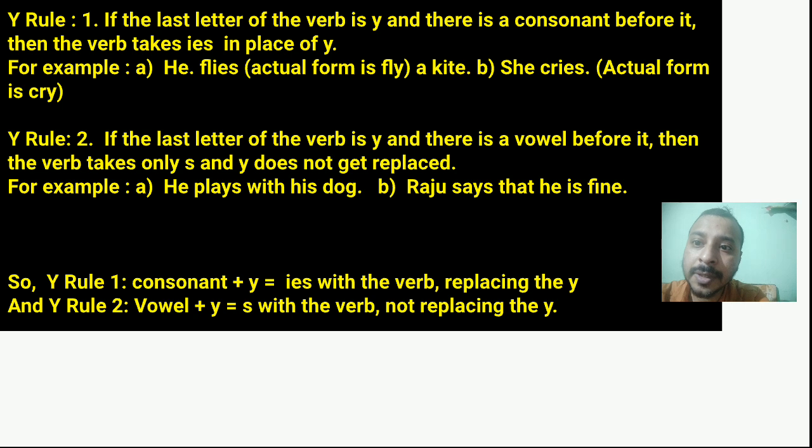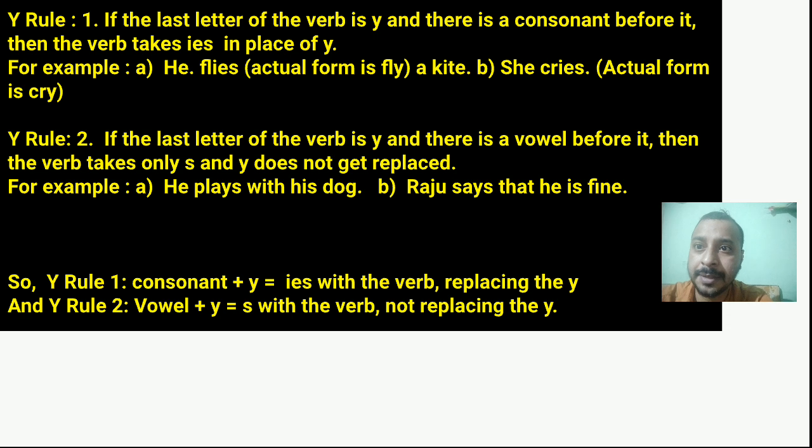If consonant plus Y, then IES replaces the Y, and if vowel plus Y, then only S is added to the verb, not replacing the Y. But in both cases, remember that Y must be the last letter of the verb, the verb must be in simple present tense, and the subject must be third person singular. Is it clear? Hope you have understood it.